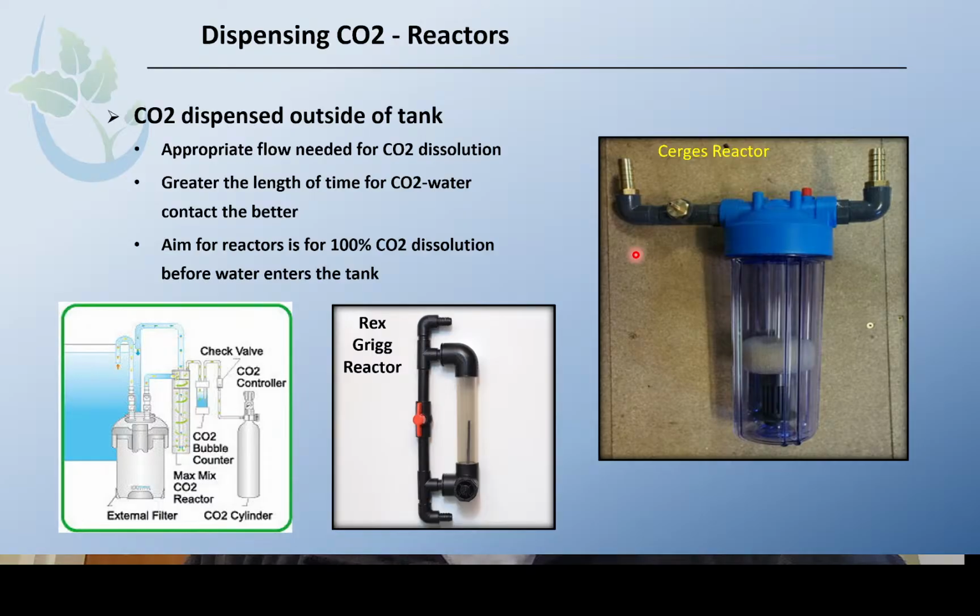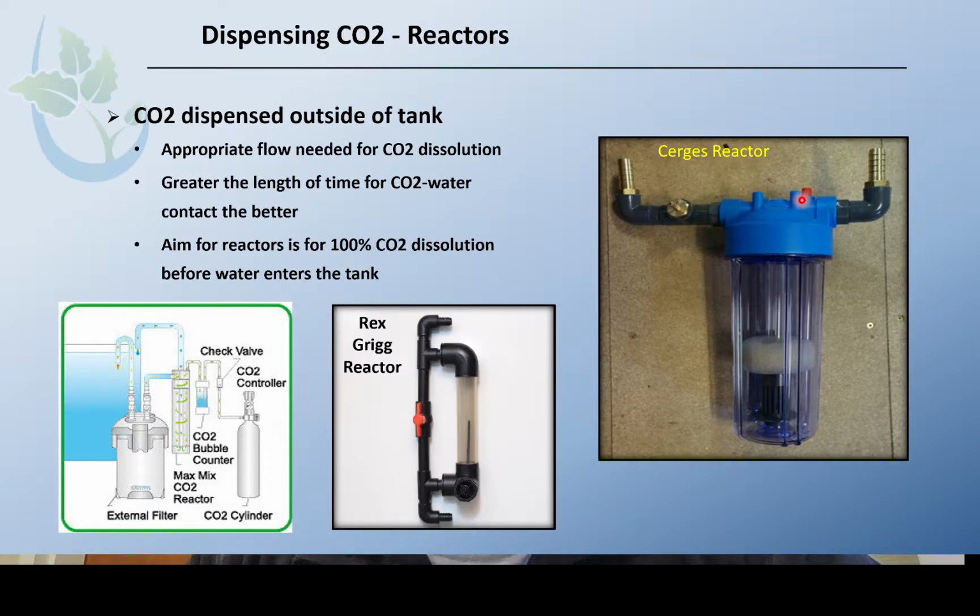The problem I've heard with this is that you get a lot of air trapped in the top of the reactor, so you've got to burp it. I think there's a button over here that you can set up so that you can burp that CO2 out. They're bulky, and if you don't have a lot of space under your stand, it takes up a lot of room and can be kind of difficult to maneuver around.